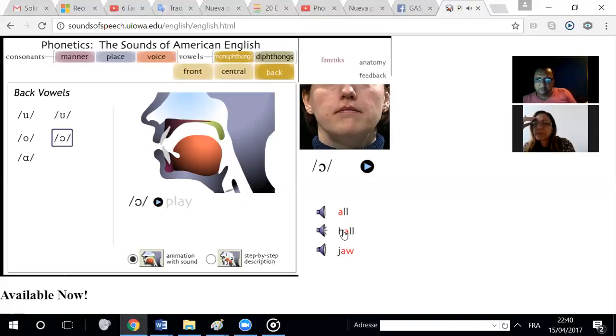Hall. All. Hall. All. Jaw. Jaw. This is a jaw. Jaw. This sound is very similar to the next one we're going to study.